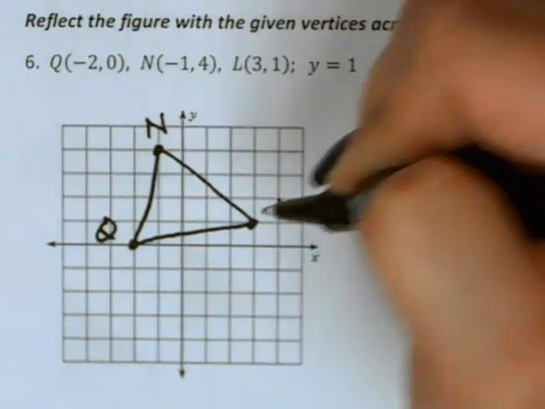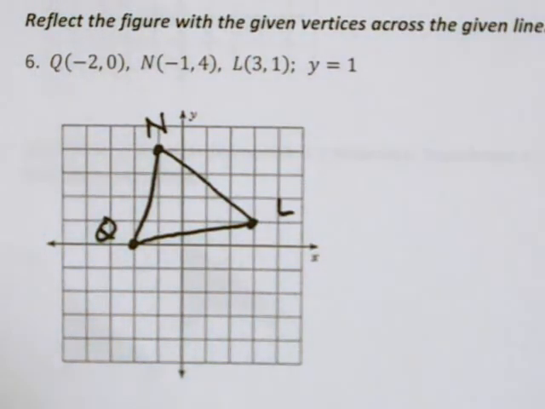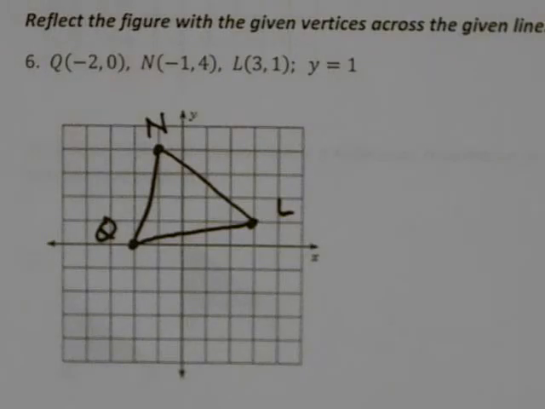I really should be using my straight edge. Sorry, I guess I'll pull that out. There's our original, okay? And we are going to reflect across the line y equals 1.